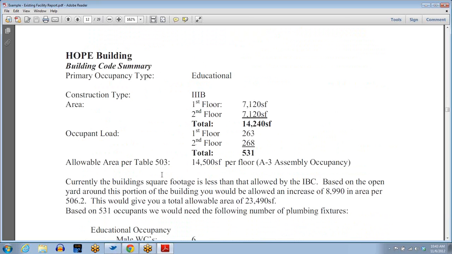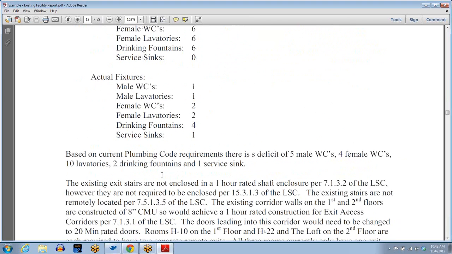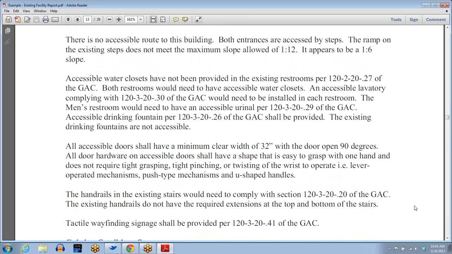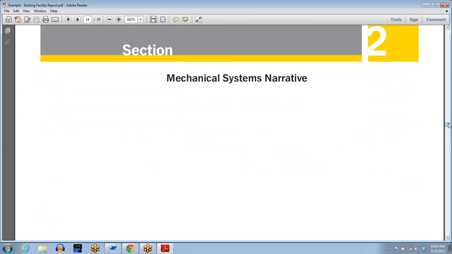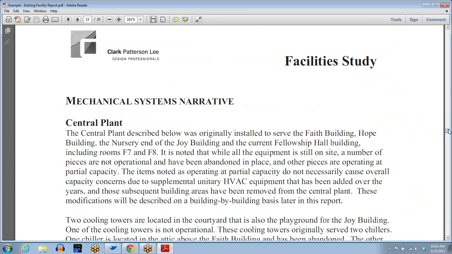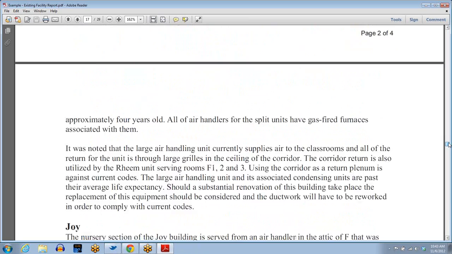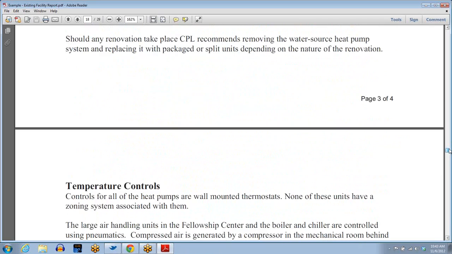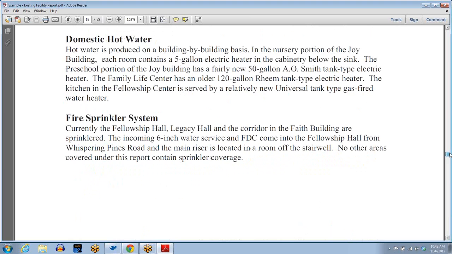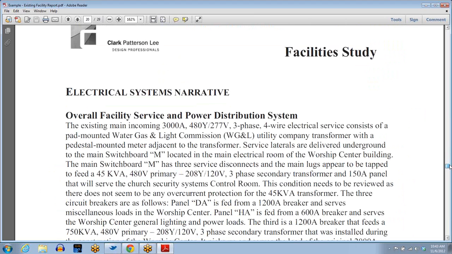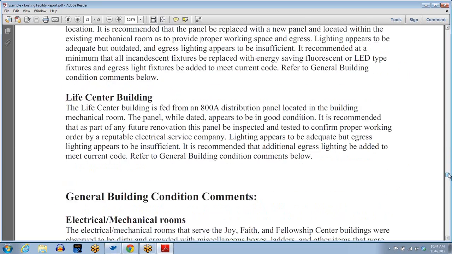And so as we go down through this, you're seeing here that they're getting the floor plans, the sizes, they're telling you what's there and not there. And let me skip down here a little further to your mechanical. You've got a facility study here of your central plant, air handling systems in the fellowship hall and the different buildings, as this particular church had named these buildings, plumbing systems, hot water, fire sprinkler, giving you the narrative of what's there and what the life expectancy is, and maintenance ideas.